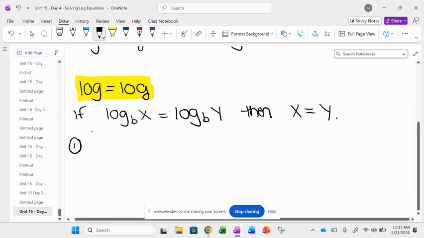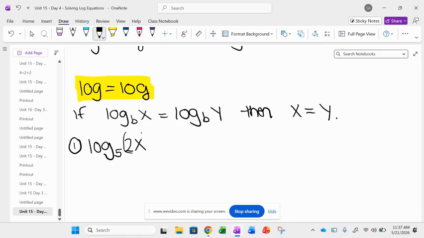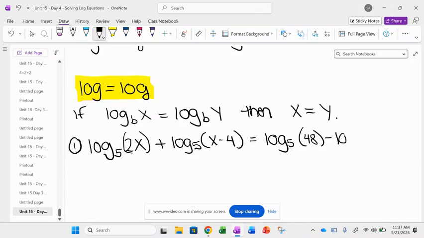So let's do a problem. If I have log base 5 of 2x plus log base 5 of x minus 4 equals log base 5 of 48 minus log base 5 of 2.